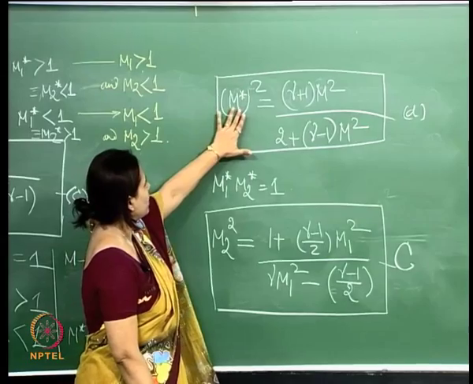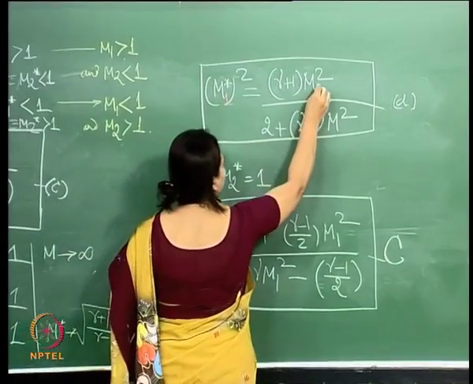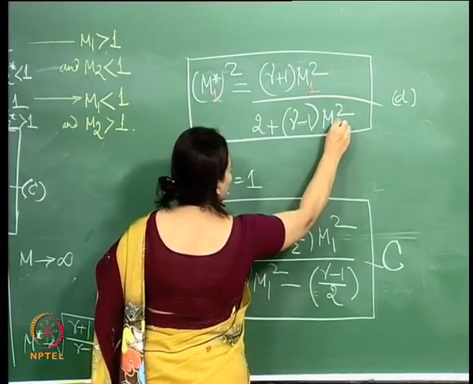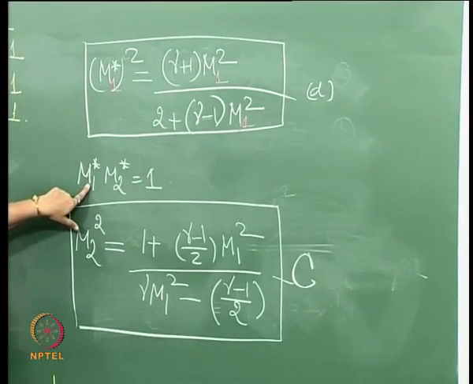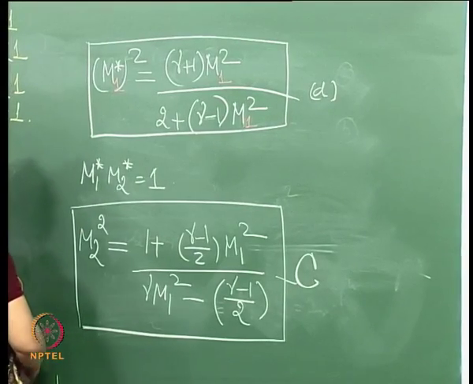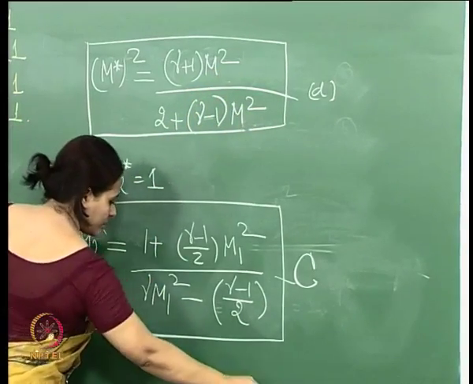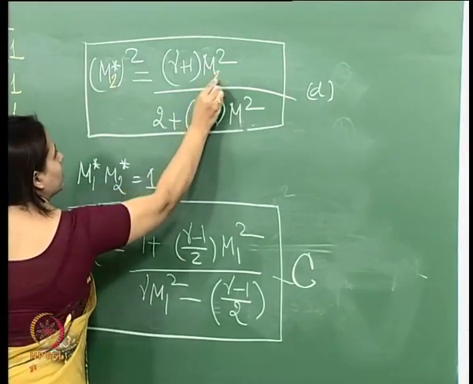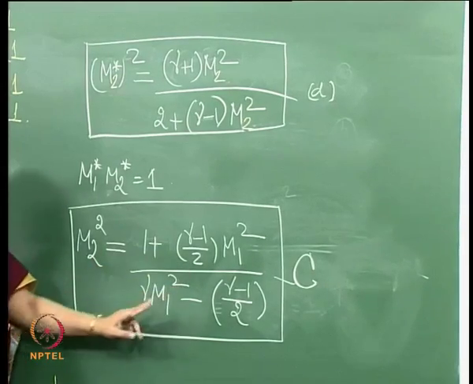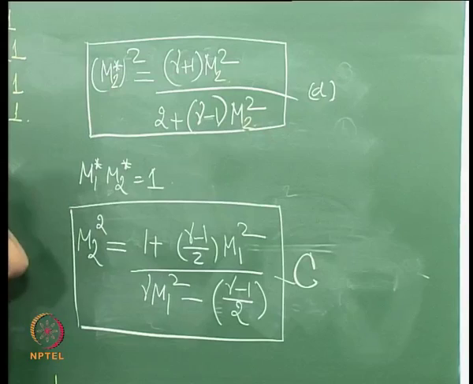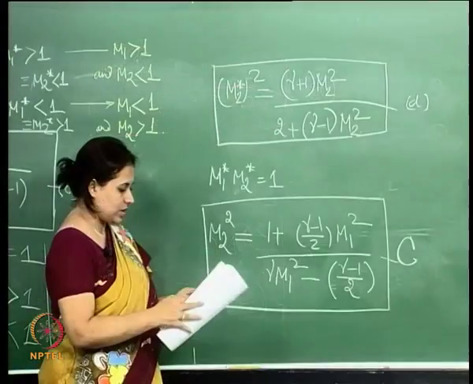If you write M1 star, then you get M1, so you introduce this M1 value over here, and if you put M2 star, you get M2 here, and you introduce that over here. So, I am just rewriting this equation as M2 and M1. Okay. So, this is a relationship between the two Mach numbers in the two regions.